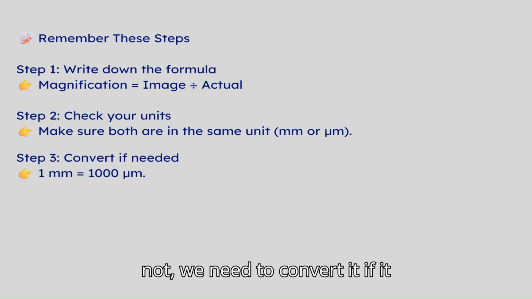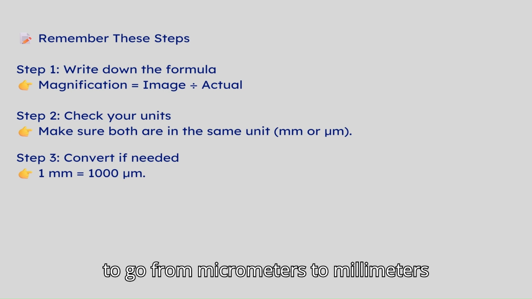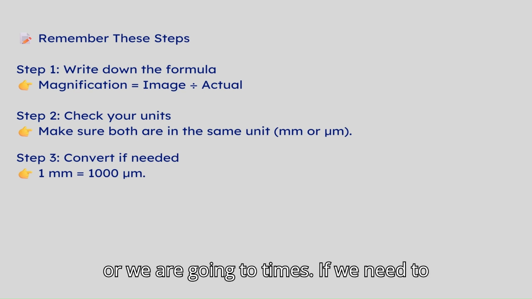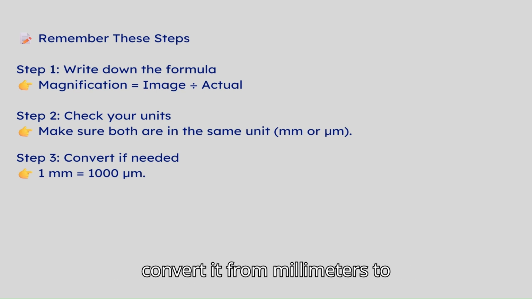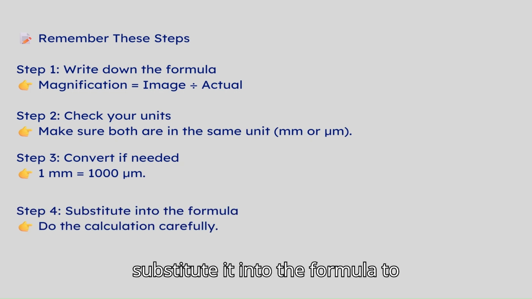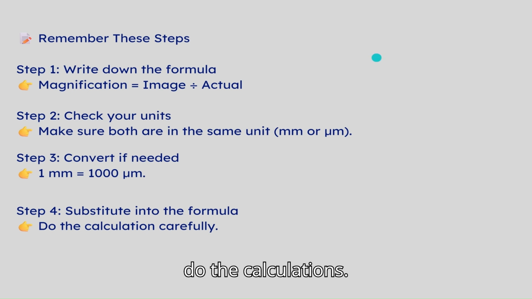And if it is not, we need to convert it. Either we divide if we go from micrometers to millimeters, or we times if we need to convert from millimeters to micrometers. Then we substitute it into the formula to do the calculations.